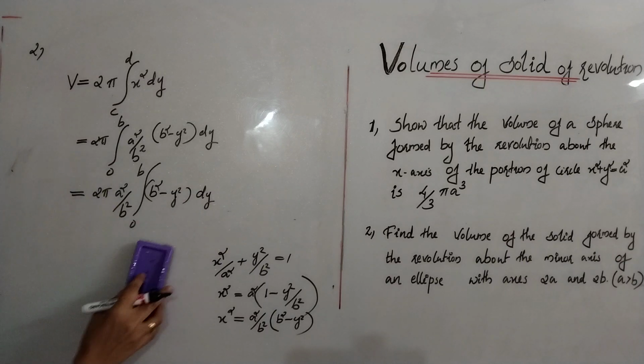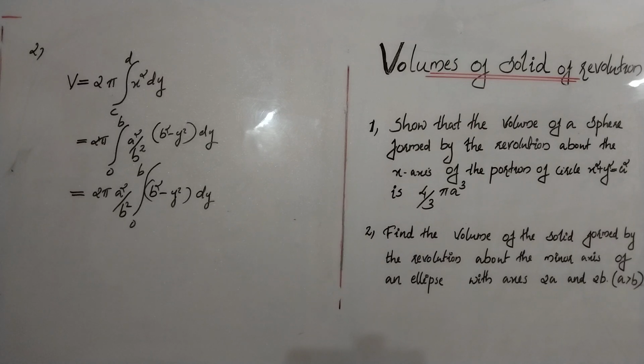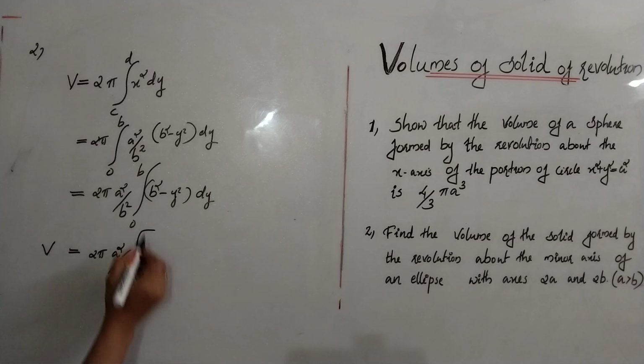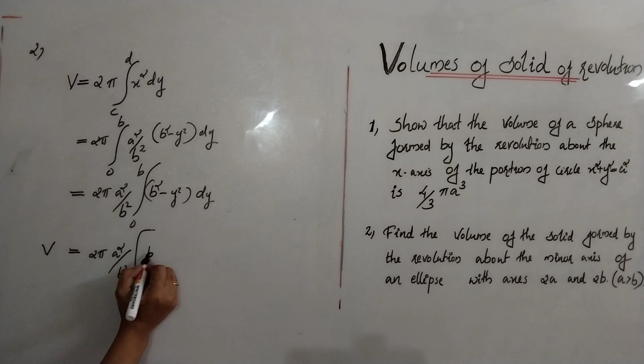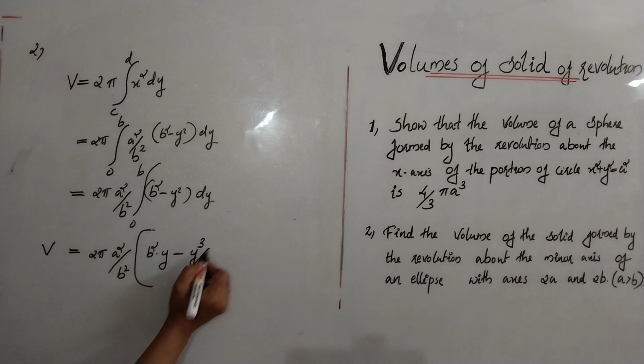A square by b square is taken outside because that is a constant term. So the required volume is given by V is equal to 2 pi into a square by b square. The integral of b square dy is b square into y minus y cube by 3.